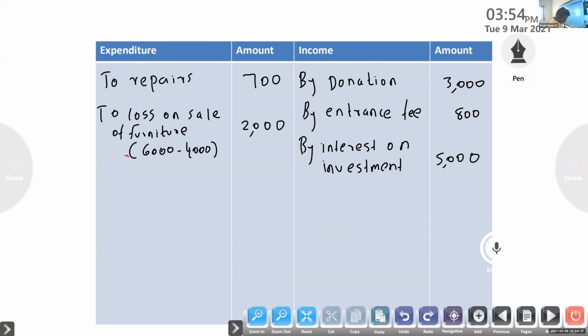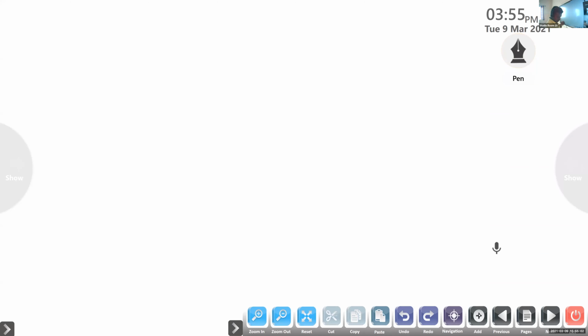Now any other item? Additional information: received in advance, outstanding over, stock of stationery over, books, furniture, that is asset. Outstanding rent we already adjusted. Okay, one adjustment is there, so listen carefully. Here they gave one piece of information, asset.